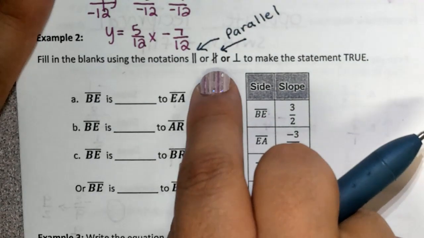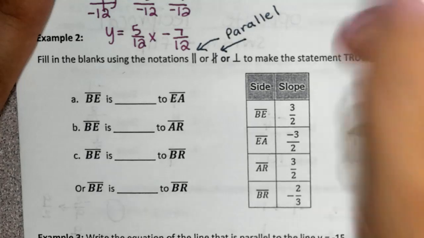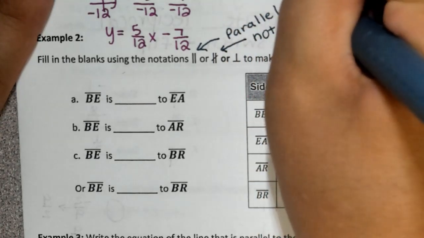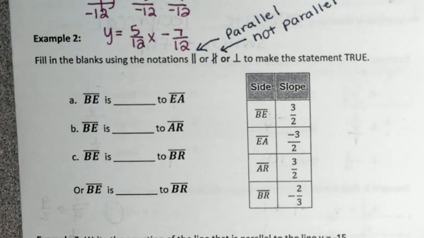It's 2 L's with a slash through it. Not parallel. And last but not least, what does that upside down T mean? Perpendicular.